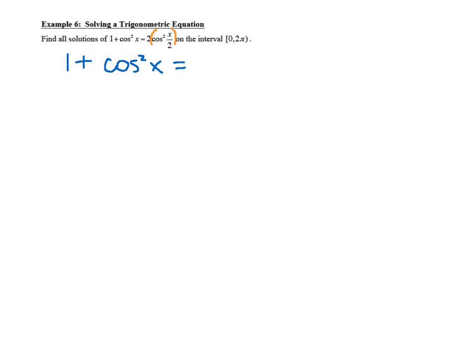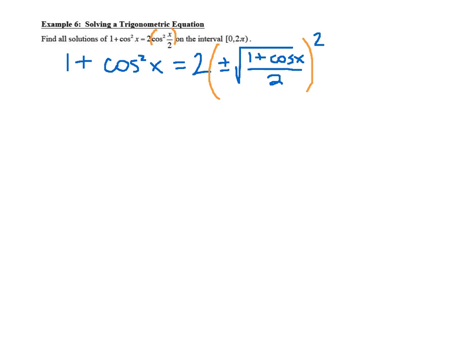So we have our 2 here, and then on the inside of our parentheses, we have plus or minus the square root of 1 plus cosine of x all over 2, all underneath the radical, and this is all squared on the outside.